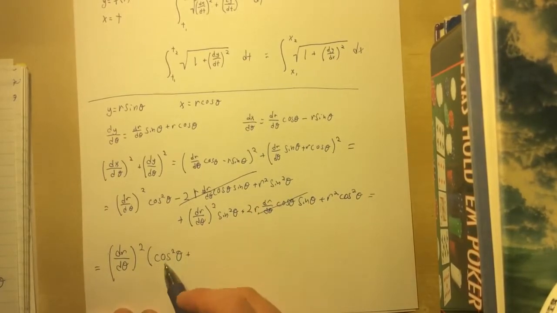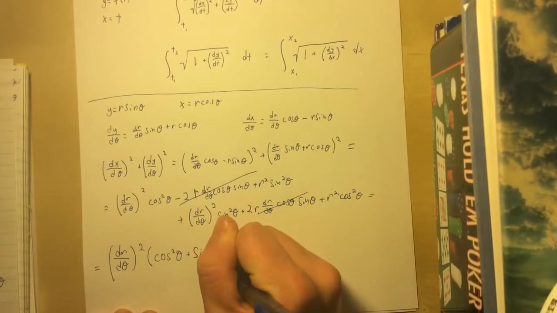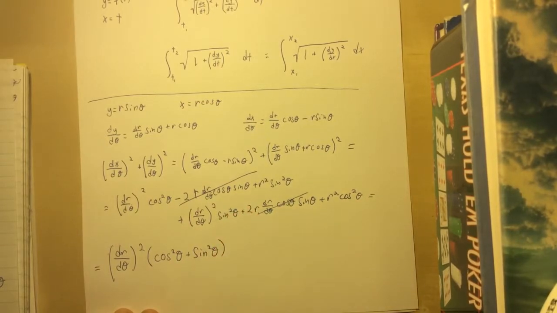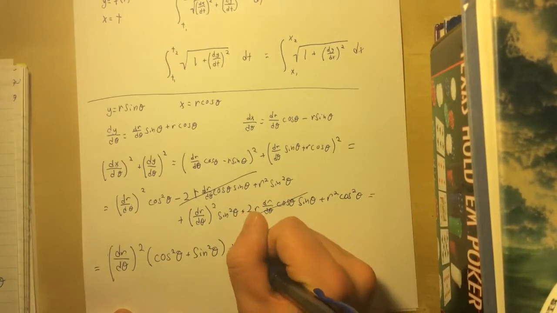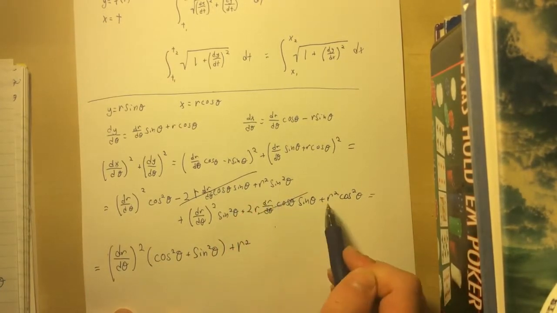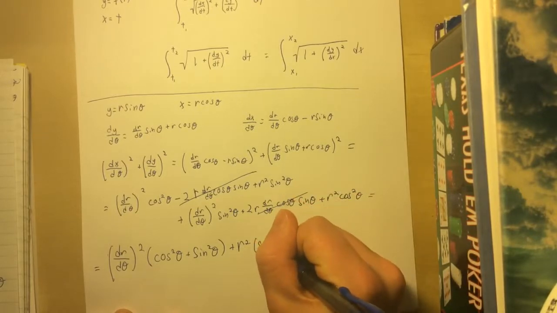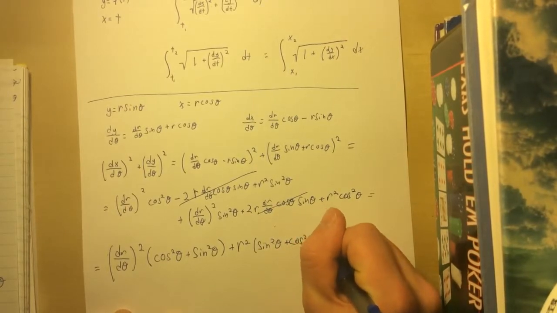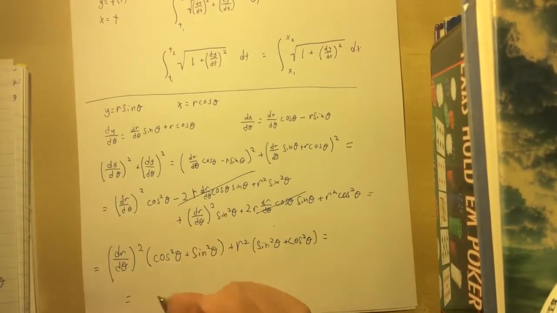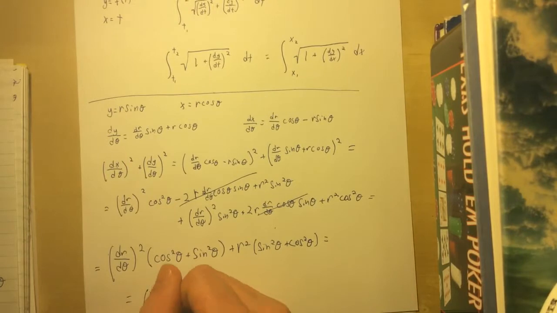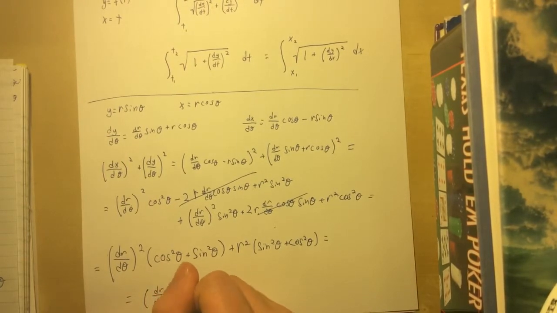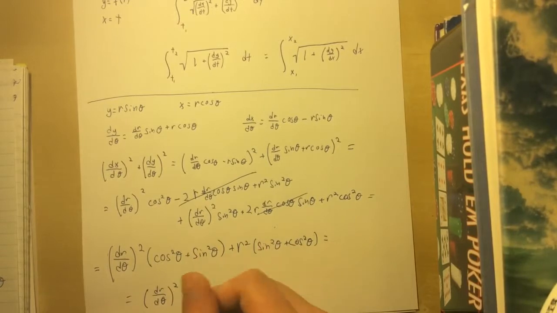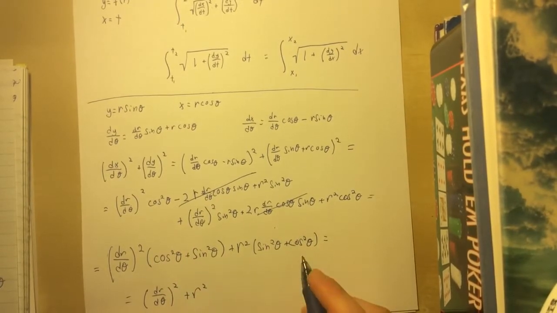Now for the r squared terms, we have an r squared here and an r squared here, again with a sine squared theta and a cosine squared theta. And look at that, we know what cosine squared plus sine squared is. That's just 1. We're left with dr d theta squared times 1, plus r squared times 1.